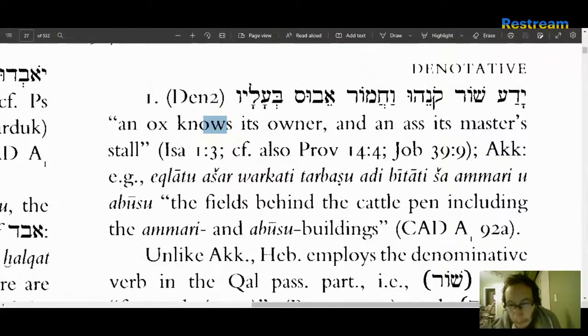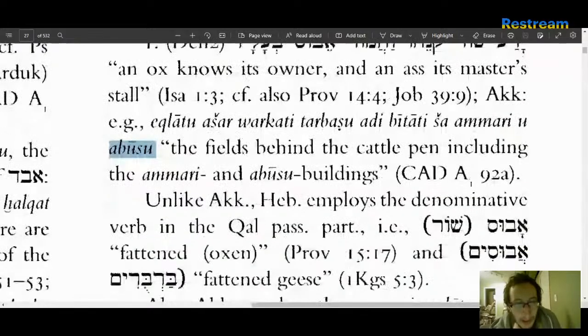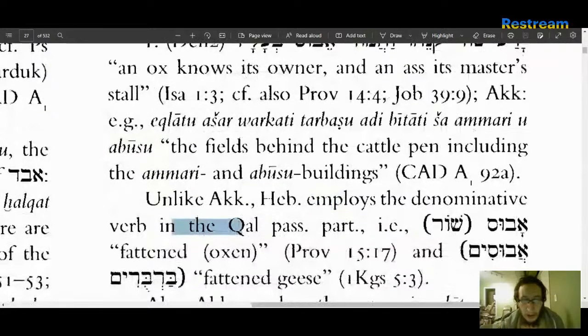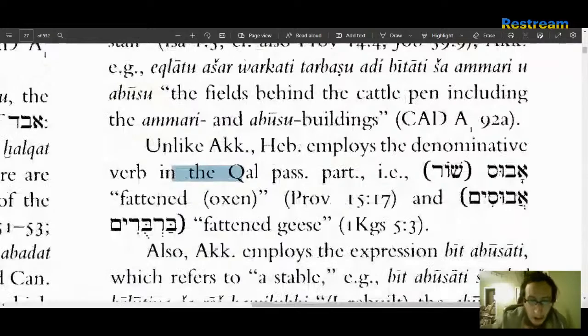So the Amari and the Abusu. Unlike Akkadian, Hebrew employs the denominative verb as a passive participle. So fattened oxen or fattened geese.